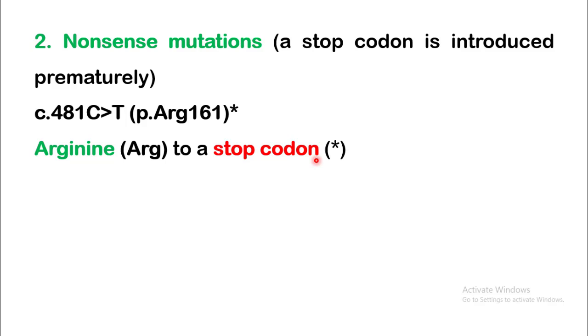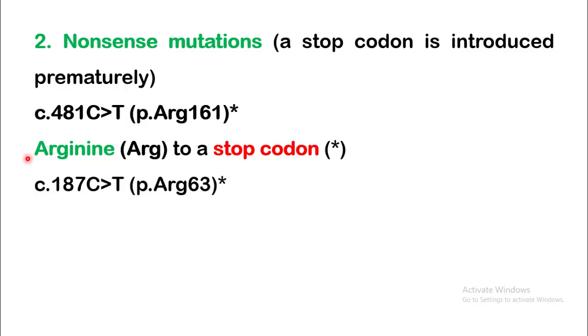So the protein would be very short, because I've told you that the total length of the protein is 445 amino acids. Now you are going to get a protein of 160 amino acids, because at position number 161 you have introduced a stop codon. So that is going to give you a premature stop codon, a truncated kind of the protein, which is not going to give you any kind of the activity.